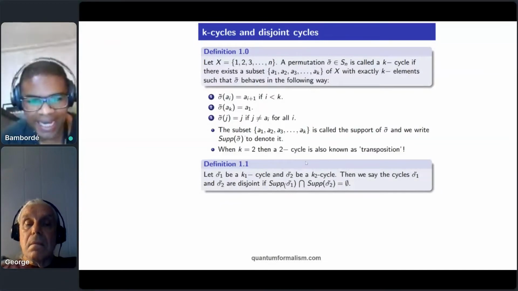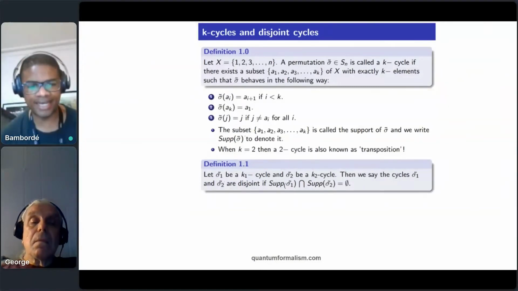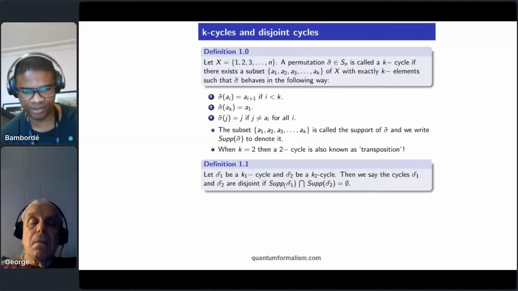Okay, and then this is an important definition. Now let's suppose we have 2 cycles. Let's call it sigma tilde 1. In this case, it's a K1 cycle, where K1 is a positive integer. Then we have a second cycle, sigma 2 tilde, which is a K2 cycle.